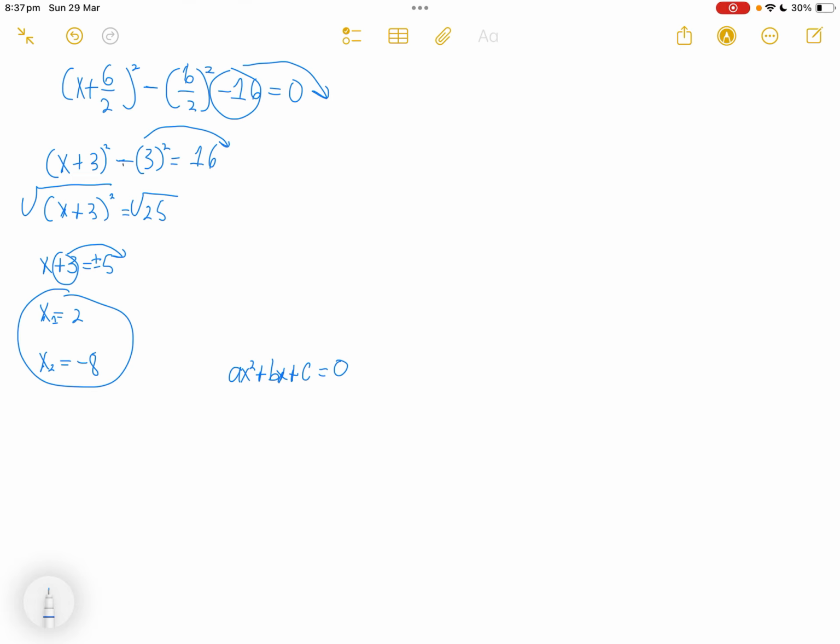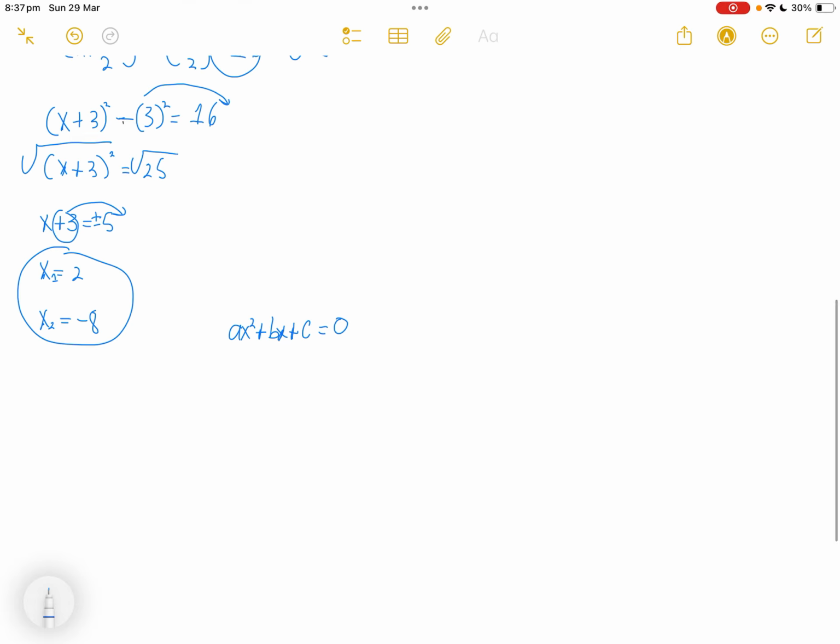Because we want to set y to 0, we have to look for the roots.